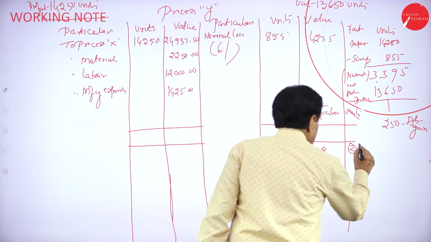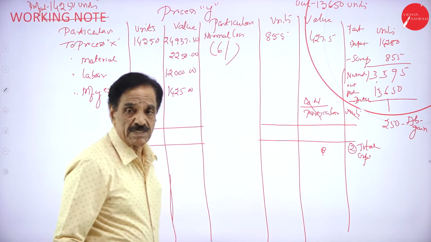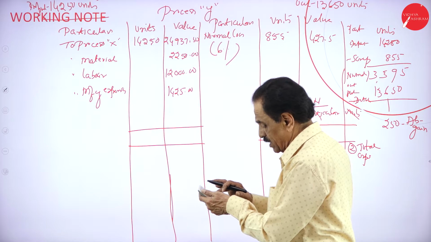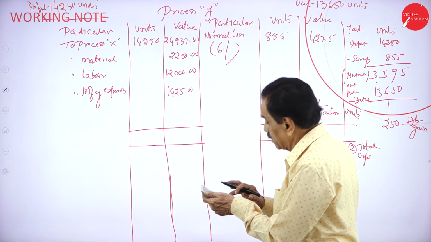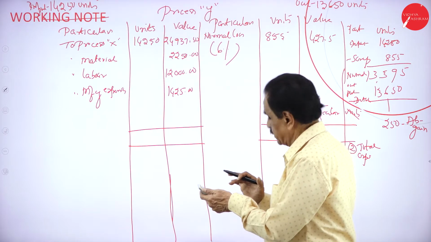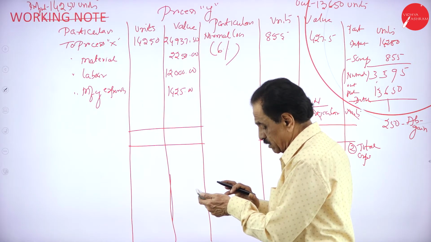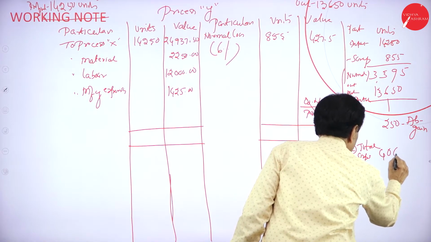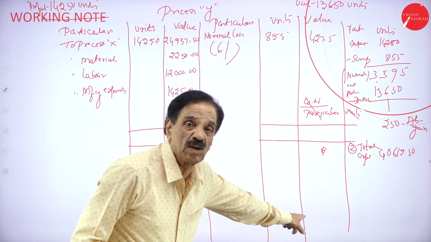Total expenses. If we add all these: 24,937.50 plus 2,250 plus 12,000 plus 1,425, the total expense is 40,612.50.